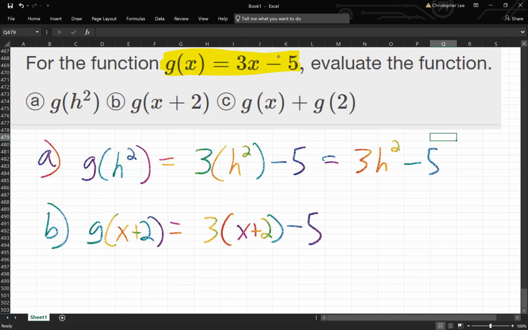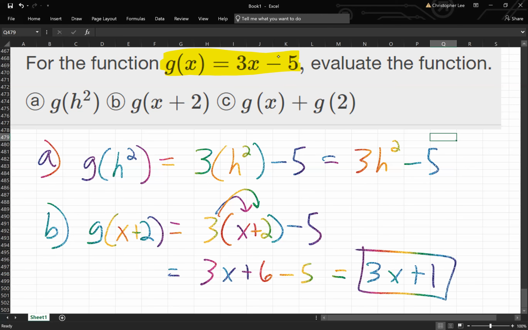After that, distribute the 3, then combine like terms. So what's this going to become? Plus 6 minus 5. What's 6 minus 5? 1. So this becomes 3x plus 1. That's my answer. Questions on that? Good?